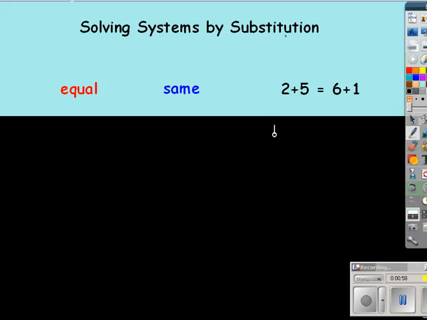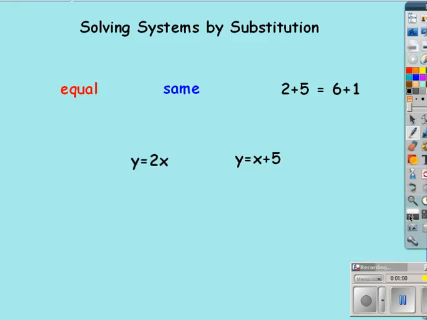So the example I'm going to use for that is, if I have two equations, y equals 2x and y equals x plus 5. So we've got two equations, two unknowns. Now, the first thing I'm going to do, just to show you a general idea of what we're talking about, is take this y equals 2x and flip it around. So instead of y equals 2x, I'm going to write 2x equals y. I haven't really changed anything, I've just flipped it around.